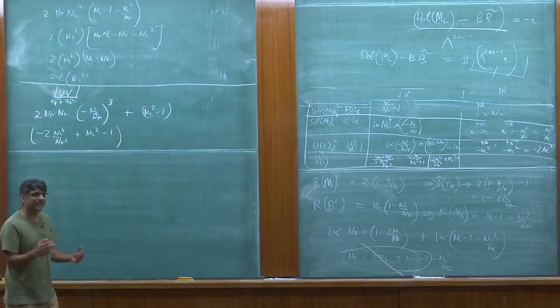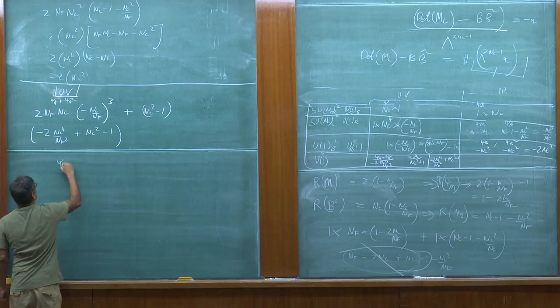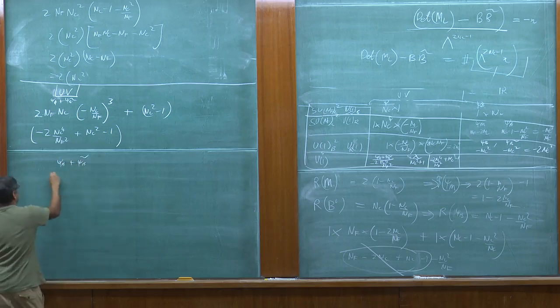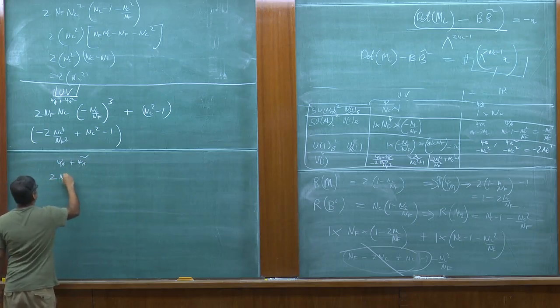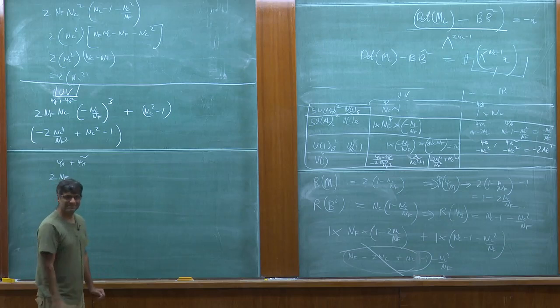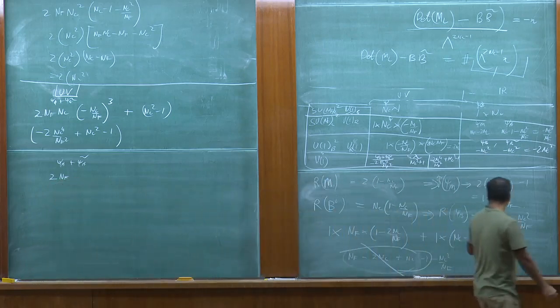For the IR, B's and B tildes behave the same. So B plus B tilde, psi B plus psi B tilde. Multiplicity factor 2 NF, because there are NF B's and NF B tildes. What was the R charge for psi B?